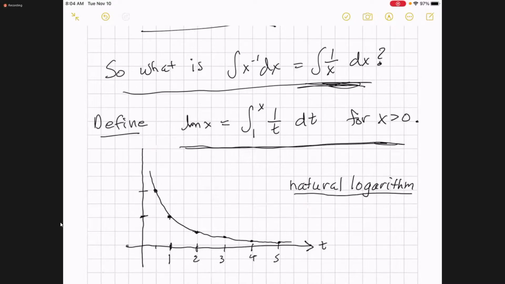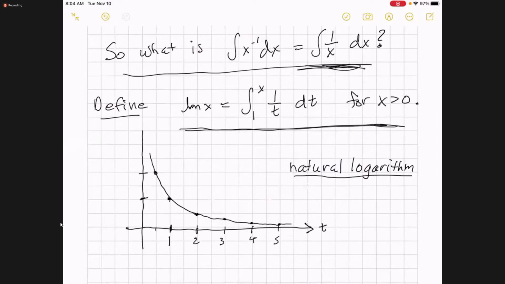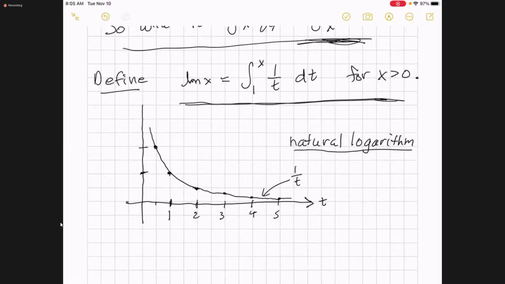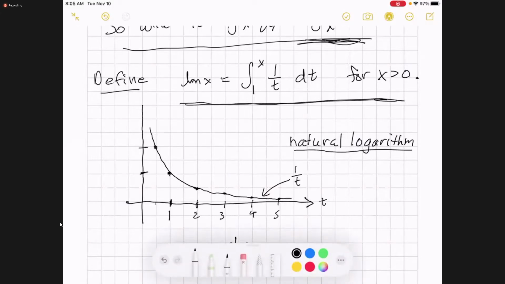But let's try to get a feel for this function. And I've graphed 1 over t here. And notice in my definition, my bottom number is 1. So what would ln of 1 be?